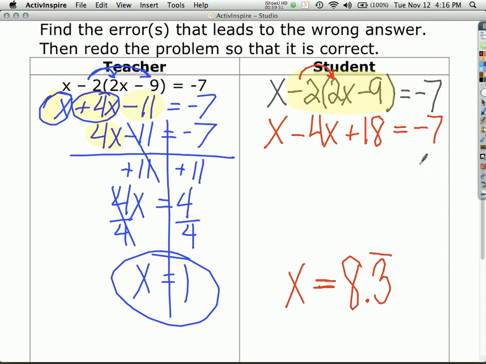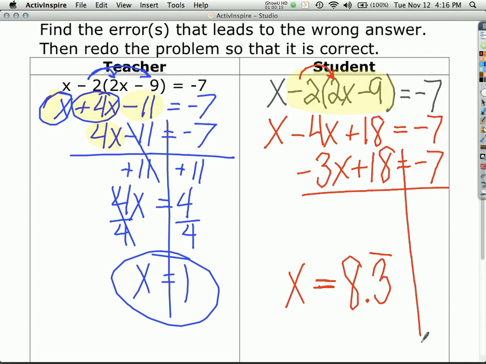What's my next line supposed to be after I combine like terms? Chelsea? Negative 3x plus 18 equals negative 7. What about next? What's the next step? I'll help out. We draw our T. What's the next step here? Annabelle?